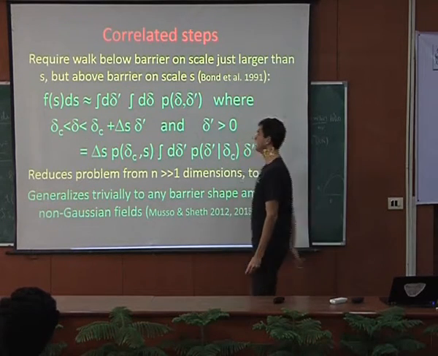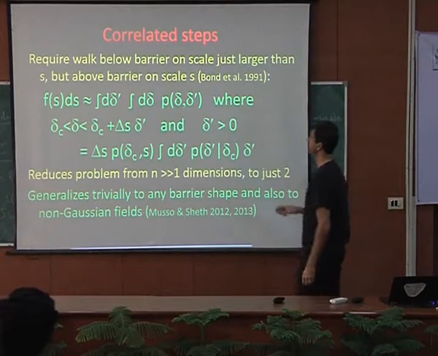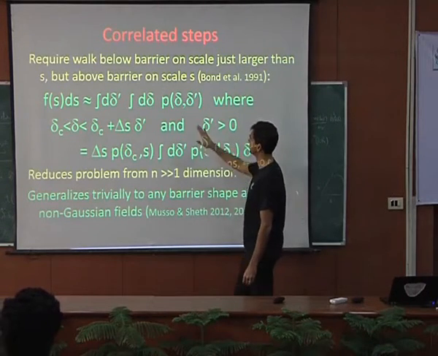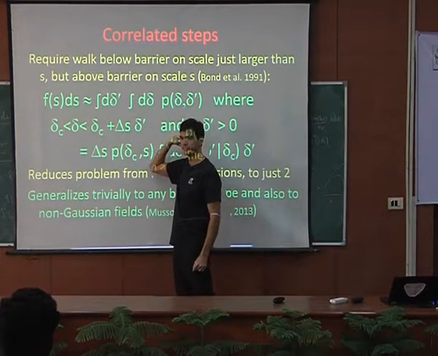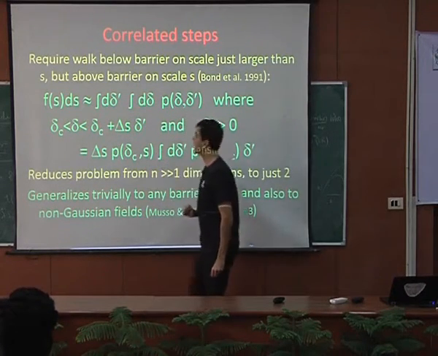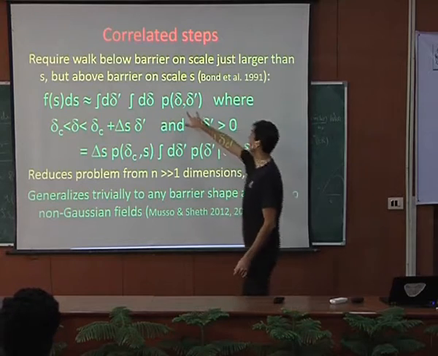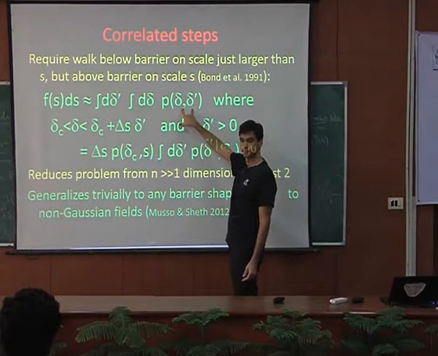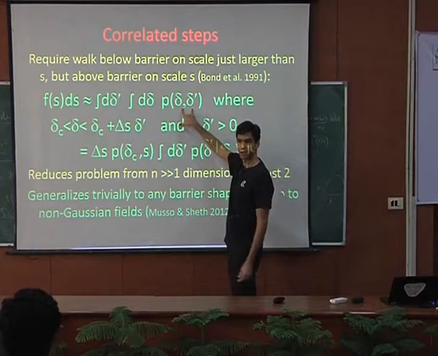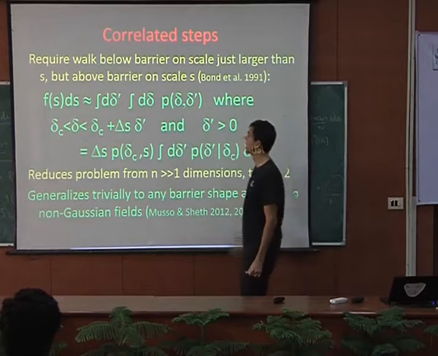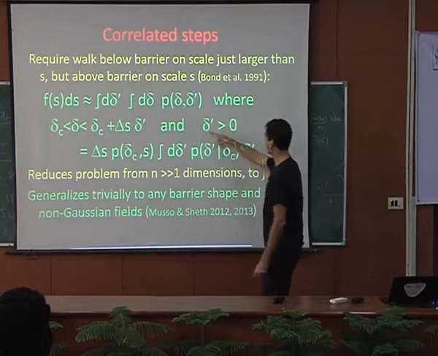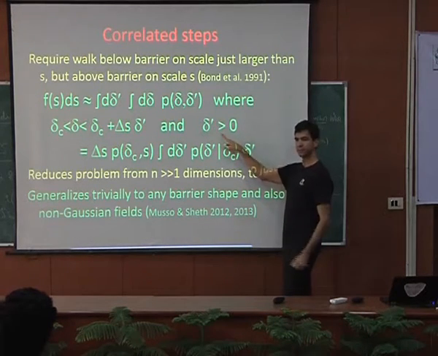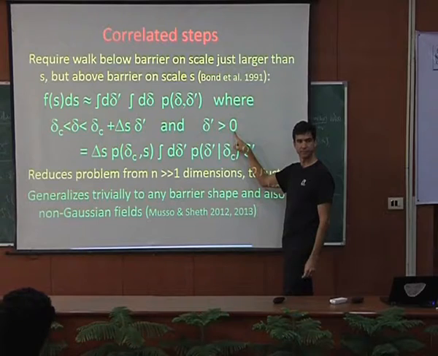Let me write what the conditions are, because the game is what we should put as the limits of the integral. We know how to write this joint distribution; it's just something from Gaussian statistics, so we can write it. Our condition is that the walk is going upwards, so the derivative should be positive.